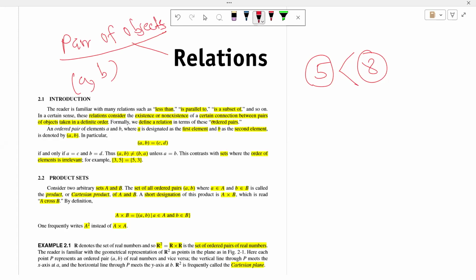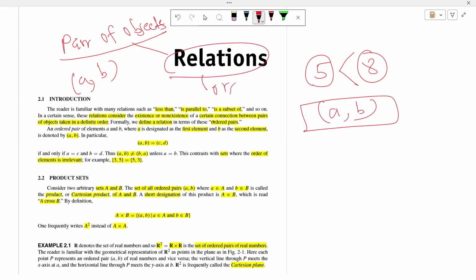Just imagine you have two elements, A and B. If you write it this way, this is a pair of elements A and B. The important thing in a relation is that the order is important. The order of the elements is important. This is what we call an ordered pair.